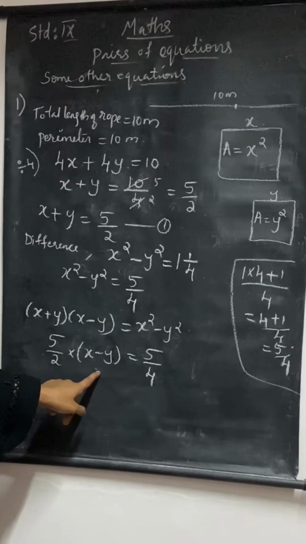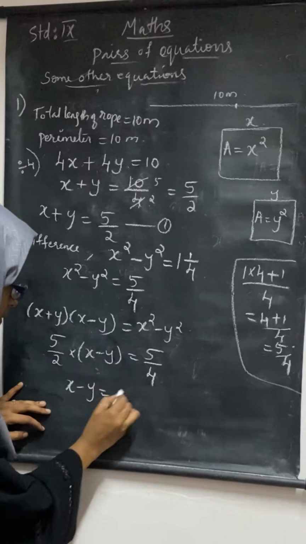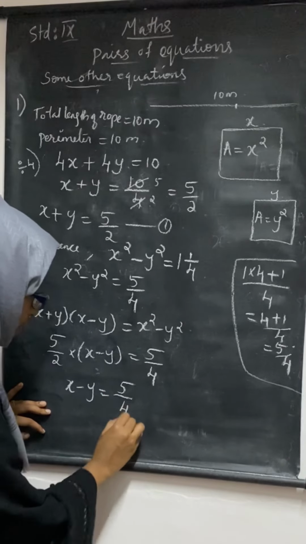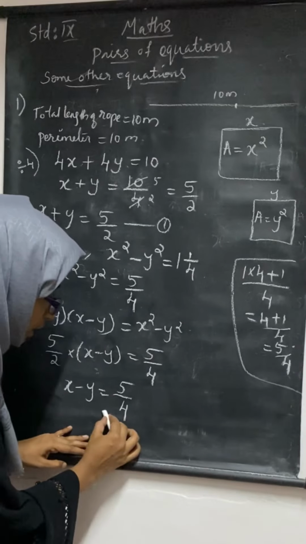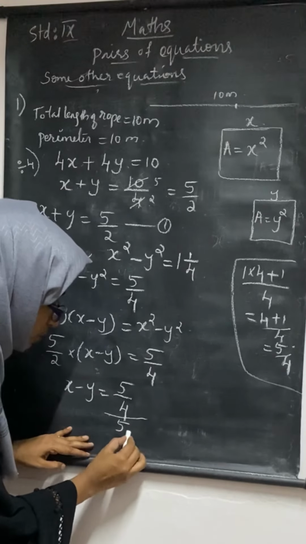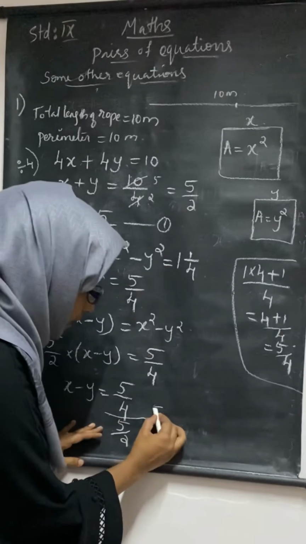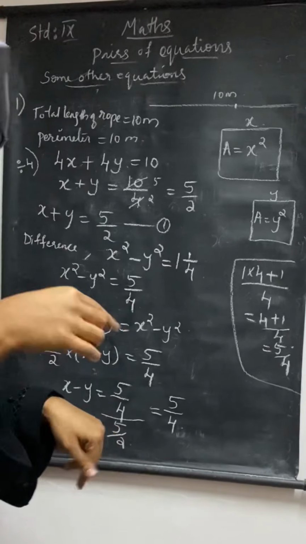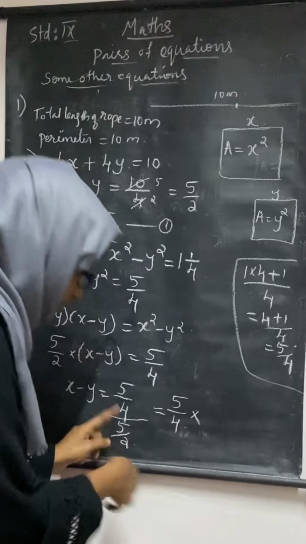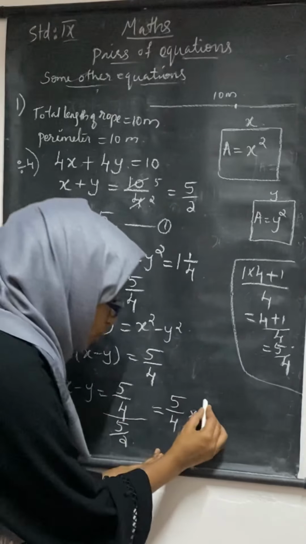Now this I am keeping here, this number I am bringing here, so that x minus y is equal to 5 by 4. This is into you have, so it becomes division. So along division you have here 5 by 2. When we take it upside, this division becomes into, so this will be reversed. Reciprocal it will be. 5 by 2 reciprocal what? 2 by 5.